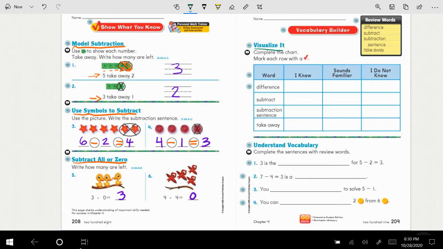Okay, the next one is subtraction sentence. If you know what it means when I'm talking about a subtraction sentence, and you could even teach it to somebody else, you'll mark I know. If you've heard it before, but you're not sure you could explain it, it just is familiar, but you're not solid in your knowledge, then we'll mark it sounds familiar. And if you don't know what a subtraction sentence is, then we'll mark I don't know.